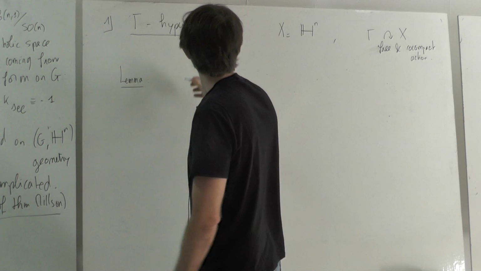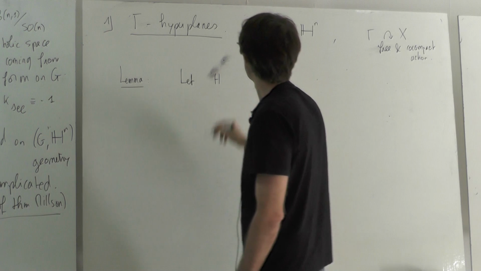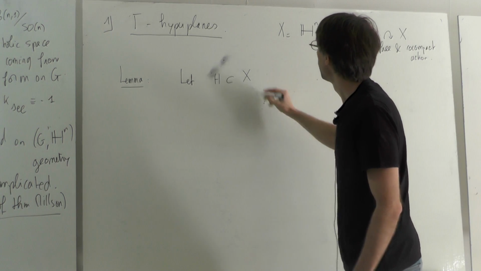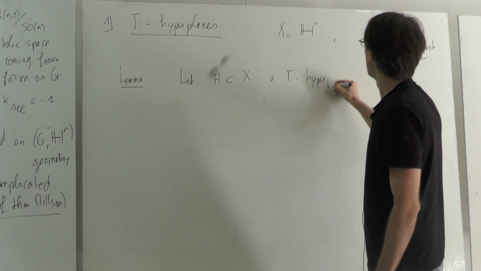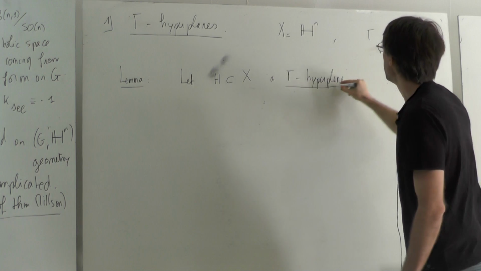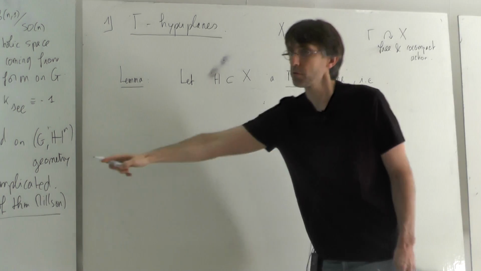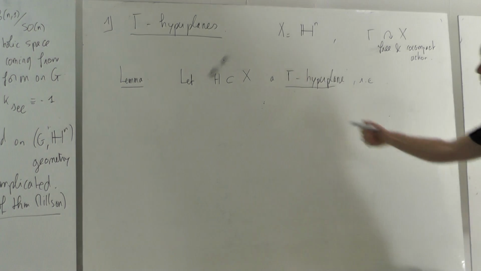Then assume that you have what I will later call a gamma hyperplane, i.e. a totally geodesic submanifold, so it's H^{n-1} inside X, of codimension 1.